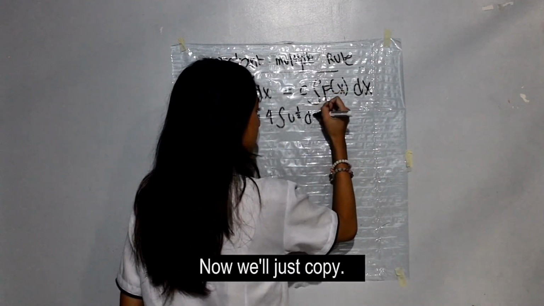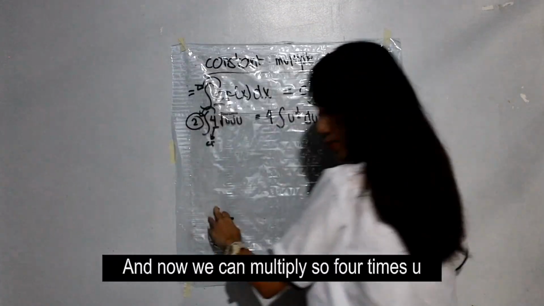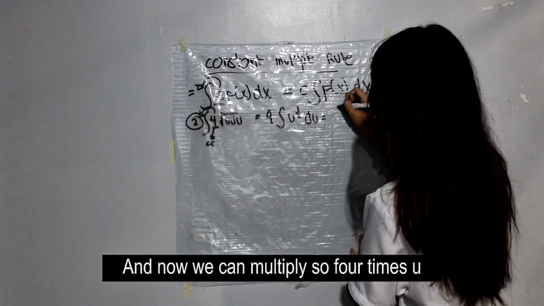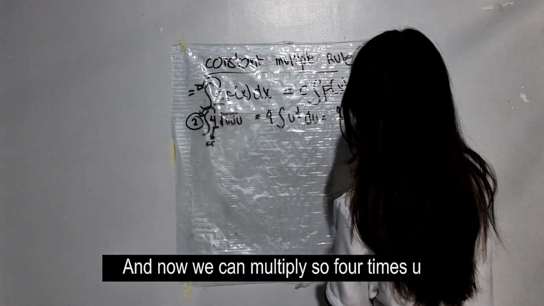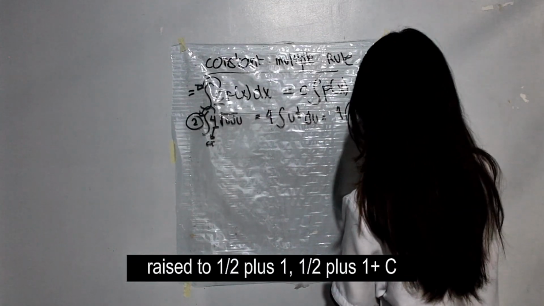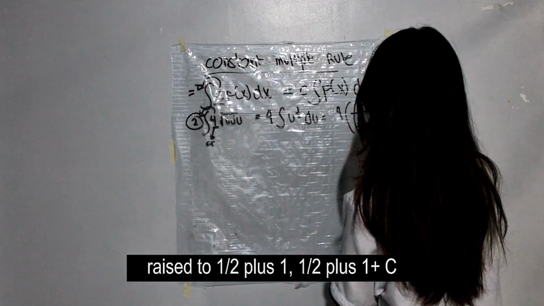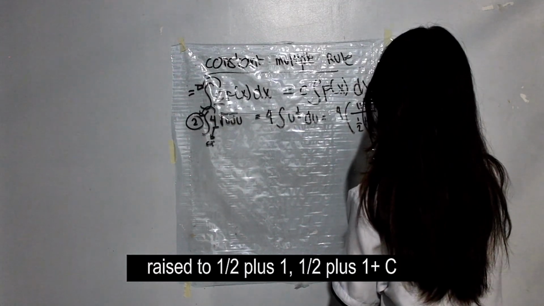Now we'll just go up with the u. And now we can multiply. So 4 times u raised to 1/2 plus 1, over 1/2 plus 1, plus c.